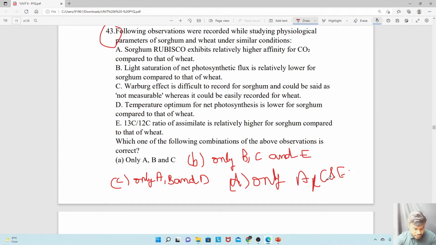Everyone has given the answer for question number 43. Oh, super. Sumaya, your answer for 43, dear? B. Think it, think it.